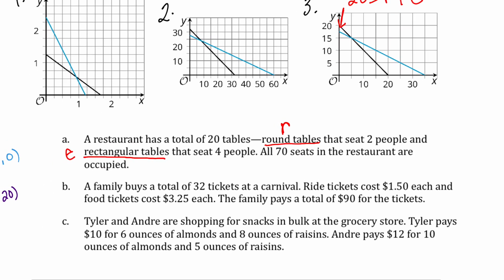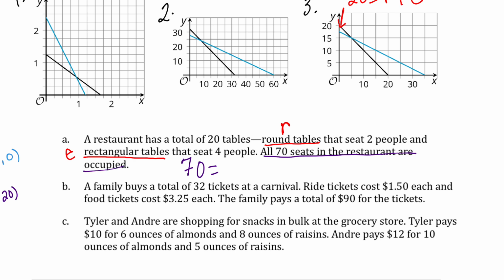What information do I have here that will tell me how to get the blue line? 70 equals, so there's 70 seats in the restaurant.